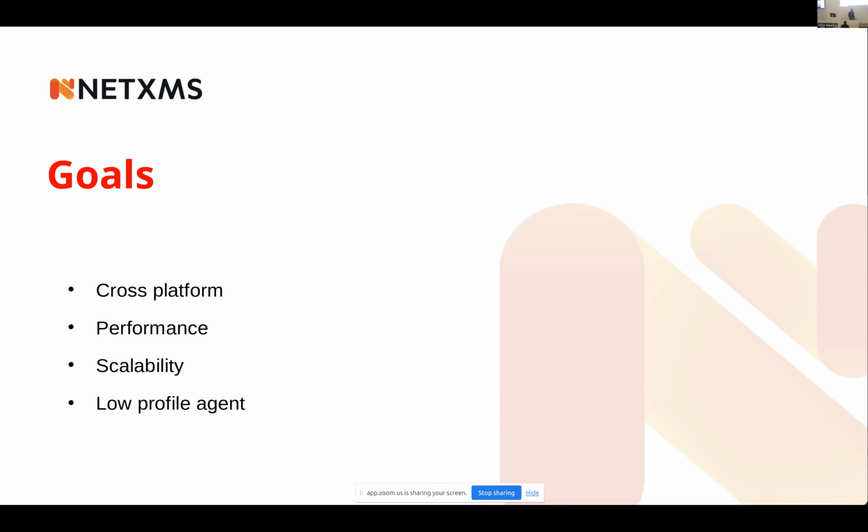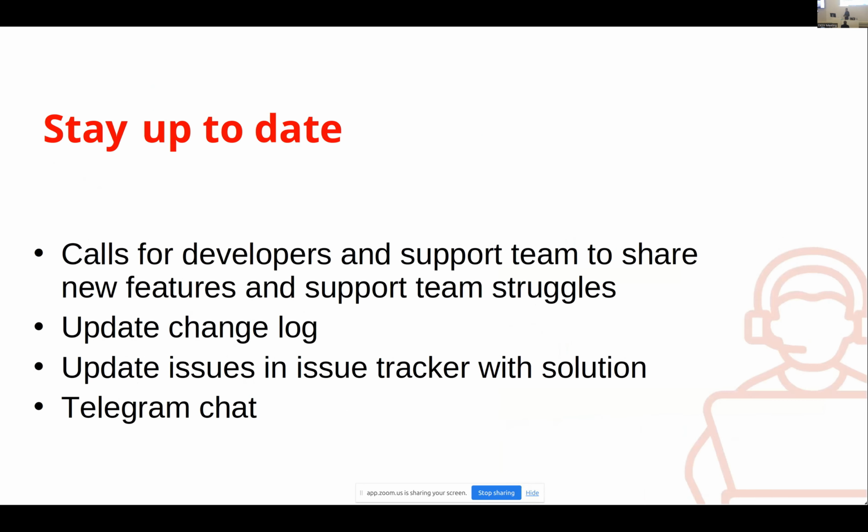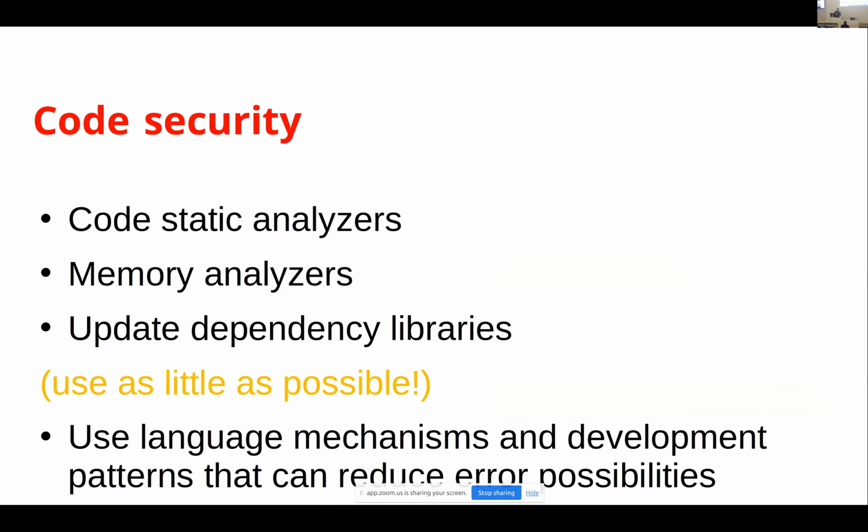And from this comes code security. Because C and C++ give you performance with a trade-off: the potential of easily making bugs that are hard to detect or hard to find.